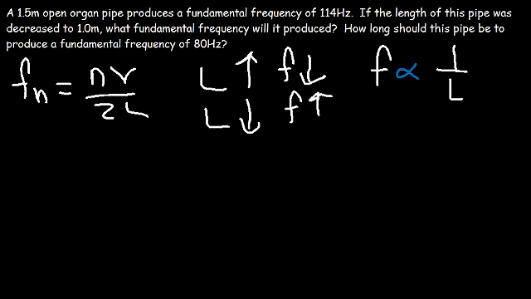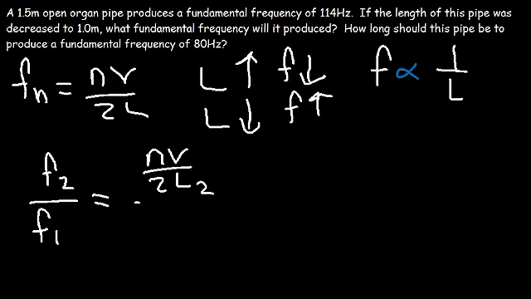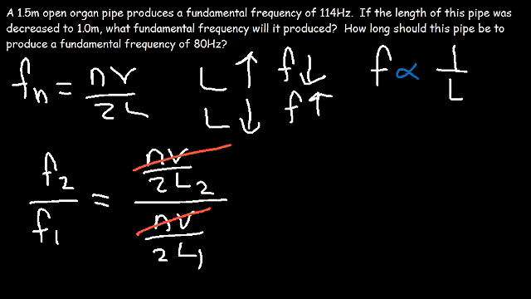So let's come up with an equation that relates F and L together. F2 divided by F1, where F2 is not the second harmonic, but just a different fundamental frequency. This is going to be nV over 2L2 divided by nV over 2L1. So nV are the same since we're dealing with the fundamental frequency.